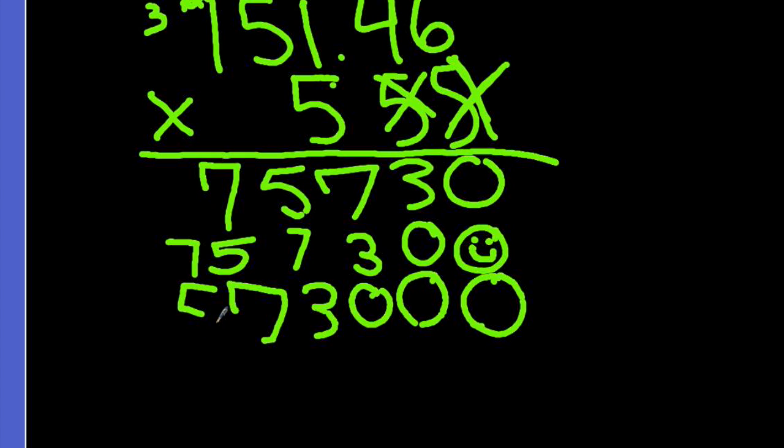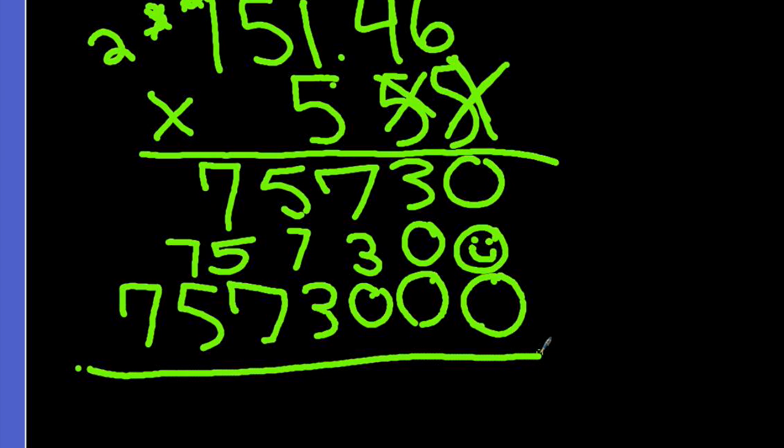Put down your 5. Carry your 2. Okay. And 5 times 1 is 5, plus 2 is 7. Now you're going to add them up.